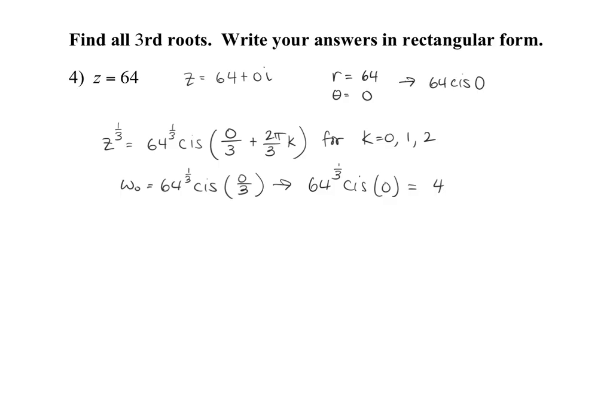For the next case, k equals 1, we're going to have 2 pi thirds times 1.